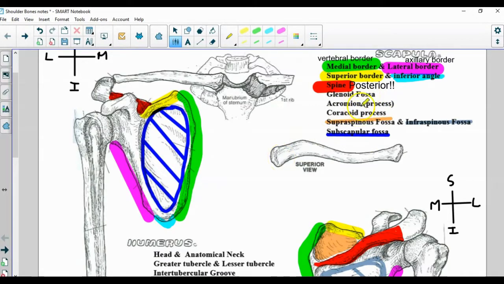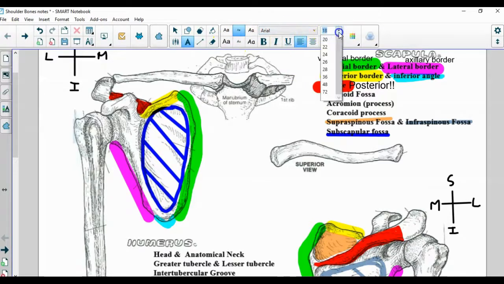So the processes we know are the sticky outy bony projections, and so they're going to be here and here. Here's our 2 processes, here and here. So what I'm going to add to your notes is that the Acromion process is an extension from the scapular spine.